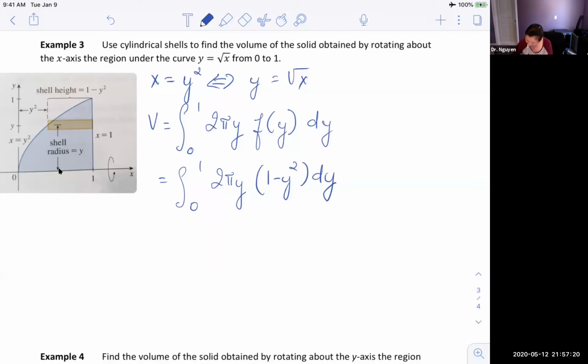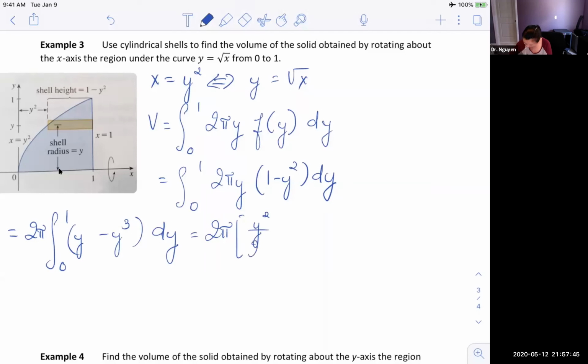And then from there, I can take out 2 pi, from 0 to 1, and distribute. We get 2 pi times y squared over 2 minus y to the 4th over 4.